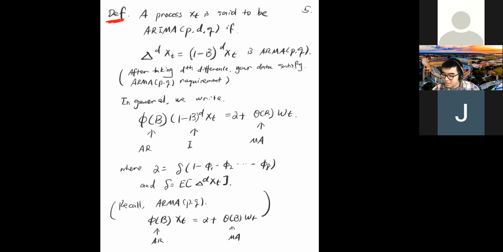The difference is that in this model we do not have an integrated part. We just use the raw data. But in the ARIMA model, we will use the differenced data. So that's the key difference, and everything else is exactly the same. So you can basically treat this first-differenced data as your xt in the ARMA model, which is also another way to look at this model.